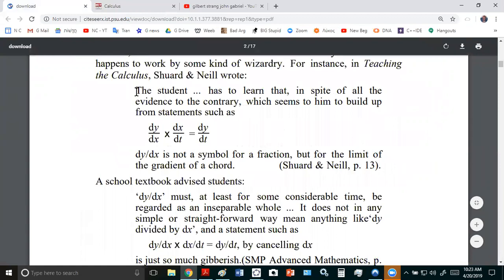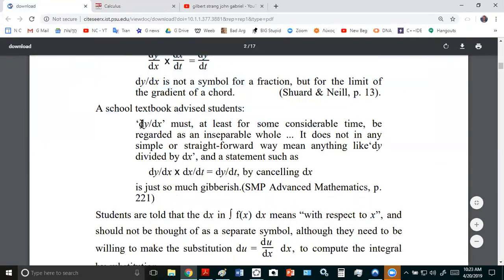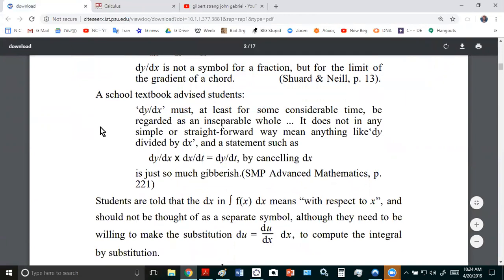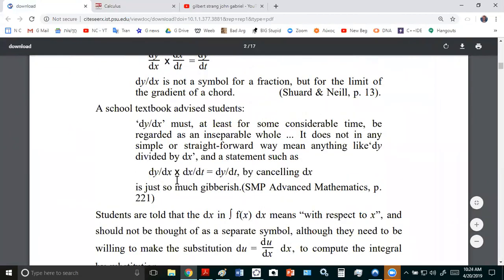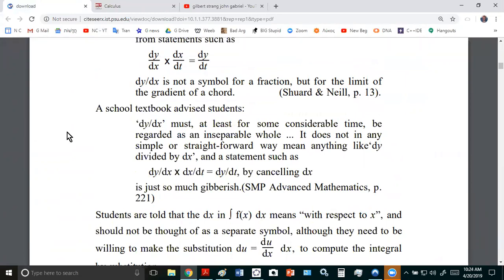This paragraph doesn't seem that bad until you get to the second one, which says: a school textbook advised students, dy/dx must at least for some considerable time be regarded as an inseparable whole.